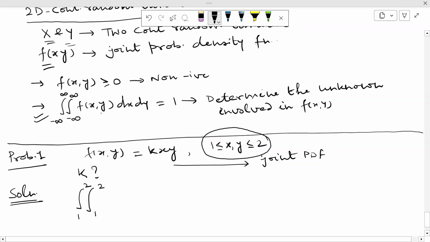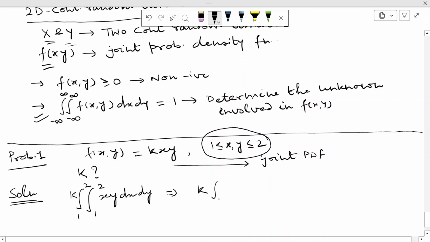Now we have to integrate our fxy, which is k times xy. Out of these three terms, k is constant, so you can take it out from the integral, and we have dx dy.